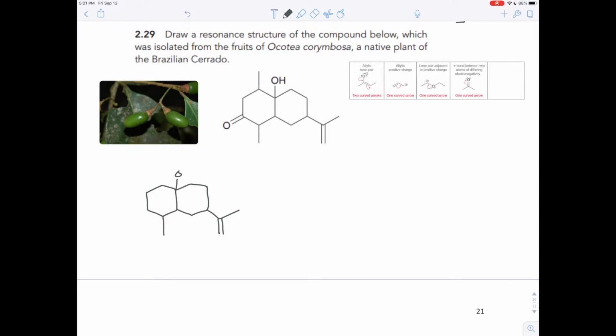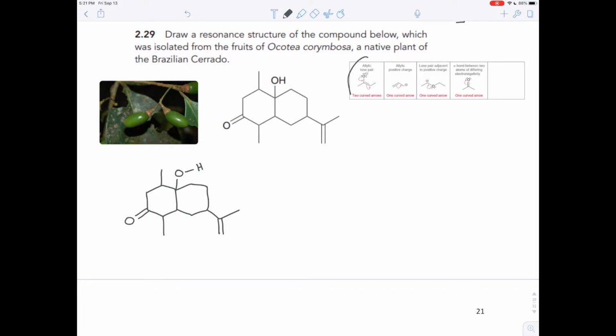Notice that OH there, that's really an oxygen bonded to a hydrogen. So keep in mind, there's that bond there. Alright, so that's our molecule, and let's just go one at a time.